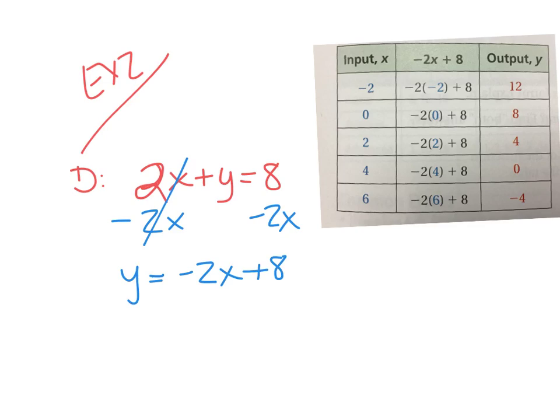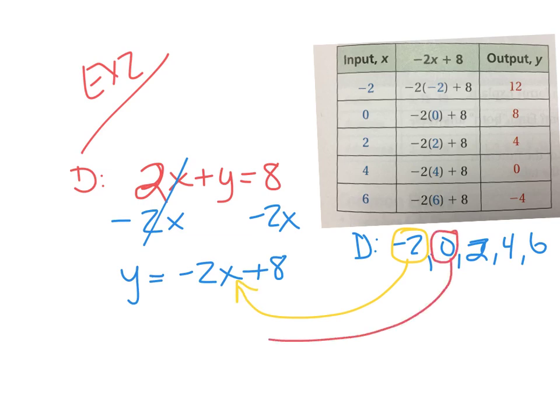So then they want you to use this when they tell you that the domain is -2, 0, 2, 4, and 6. If they tell you the domain, can I find the range? Yes. You're going to take each input here and plug it where the x is.